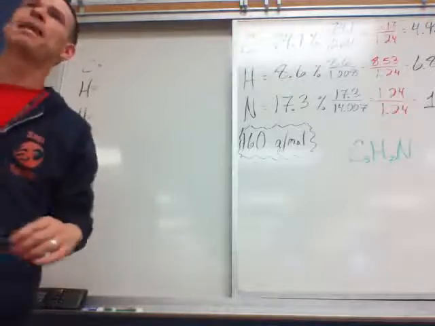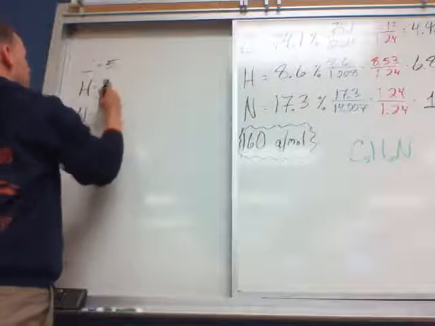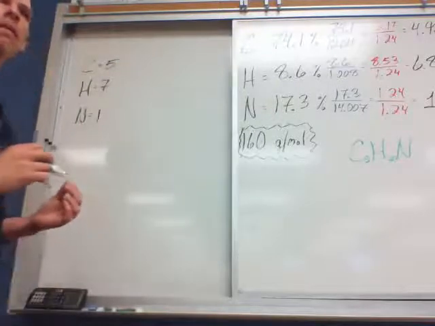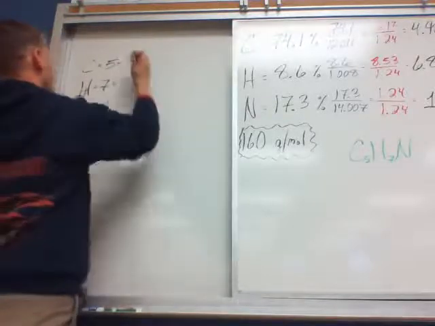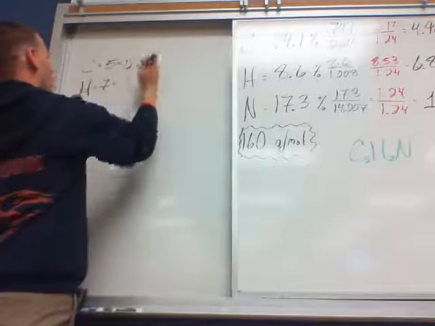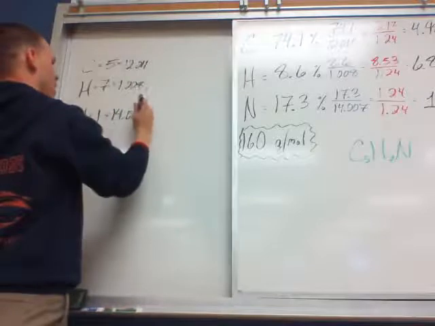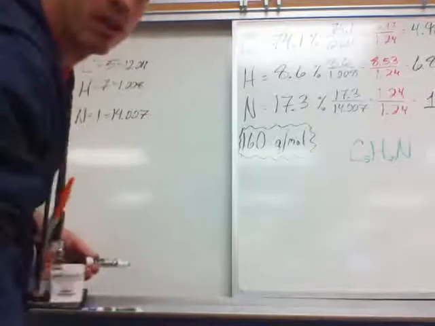It says count how many there are. 5, 7, 1. I'm just counting my empirical formula. Multiply by the periodic table. That's 12.011, 1.008, 14.007. We already found those values earlier in this problem.